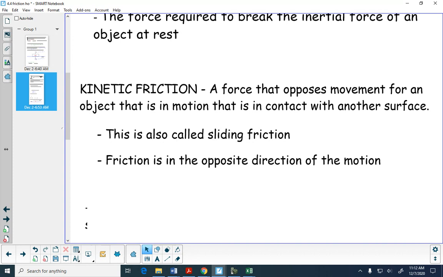So your friction will always go opposite to the motion. And once again, this is sometimes called sliding friction. Whatever your direction of motion is, you go opposite that for your force of friction.